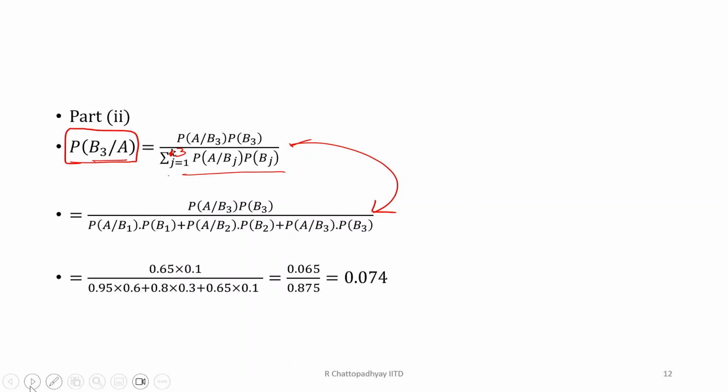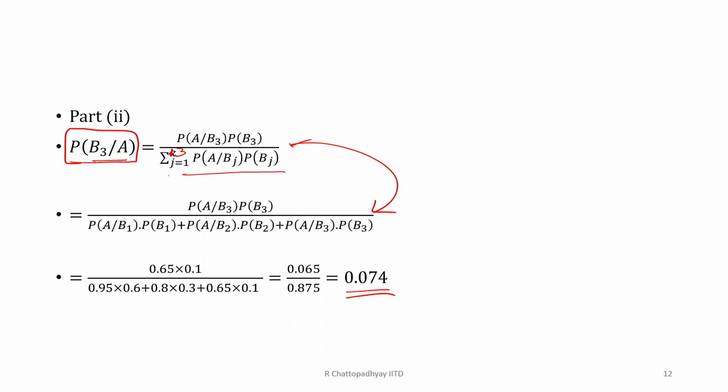And now we are supposed to substitute the values. Values are already stated in the previous slide. So simply substitute the values and you arrive at this figure, that is 0.074.